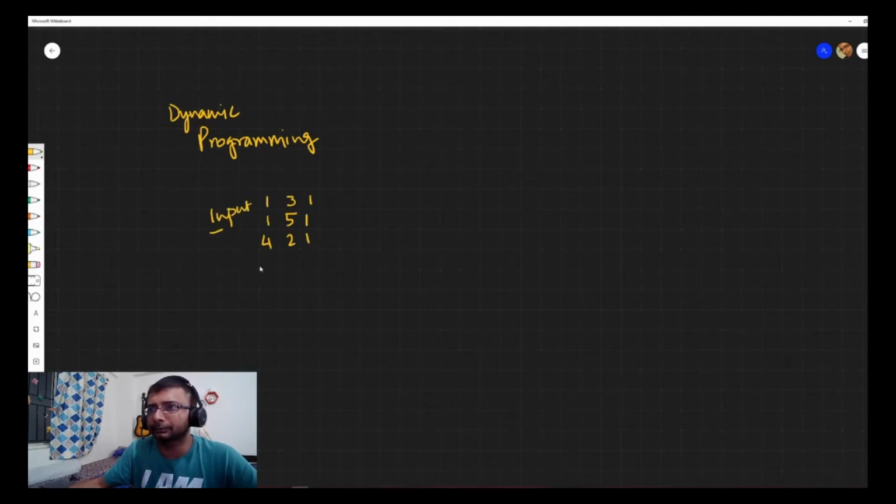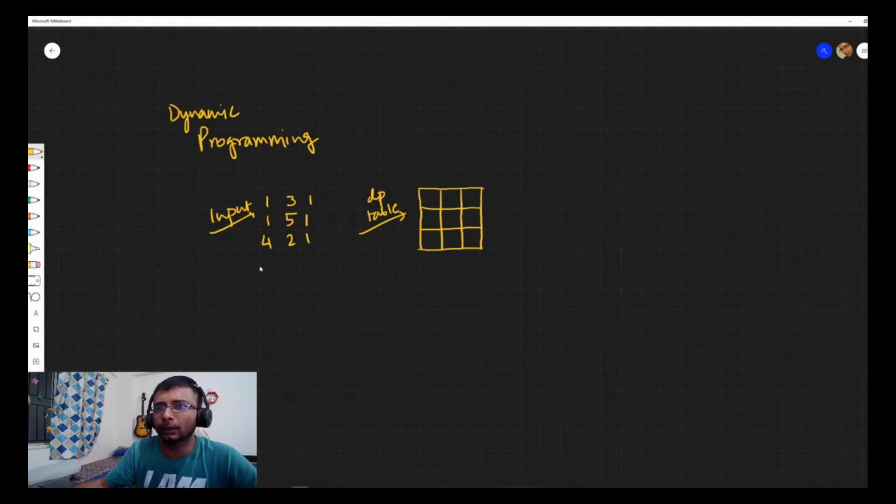We are going to come up with a table which we'll call a DP table, or whatever table you might call it. It's not necessary that you have to call it DP. And the DP table would be of the same size as our input table. So here I have created the table, and we will be filling up this table based on the inputs given in the input matrix.